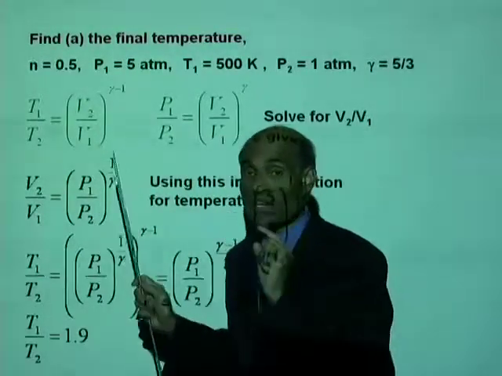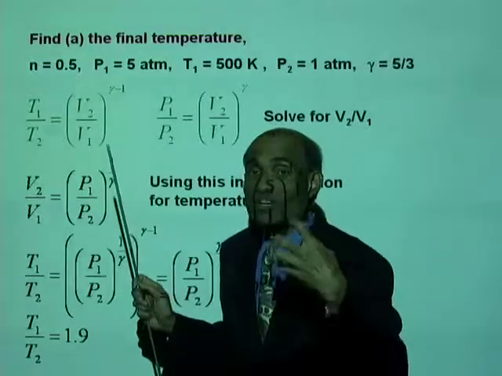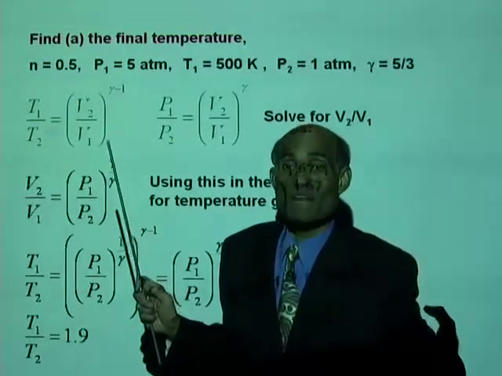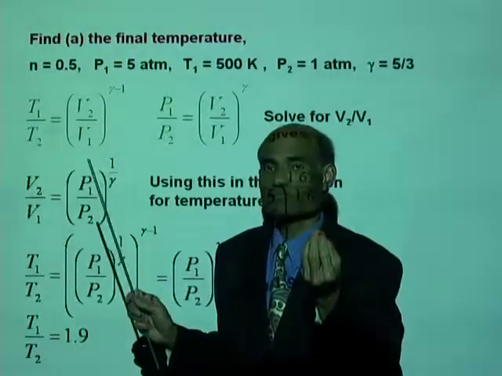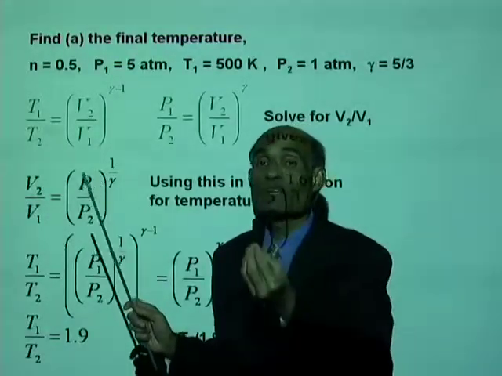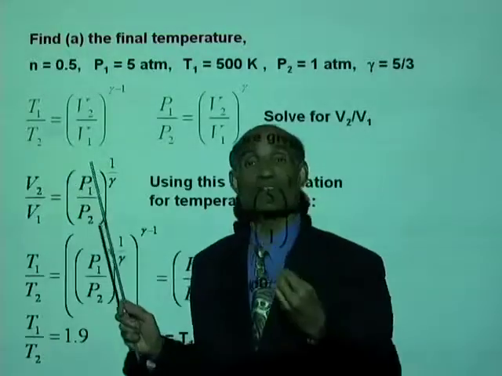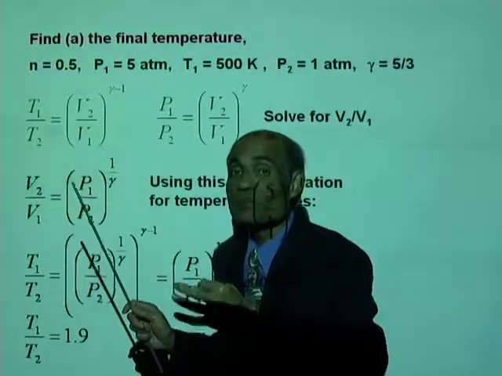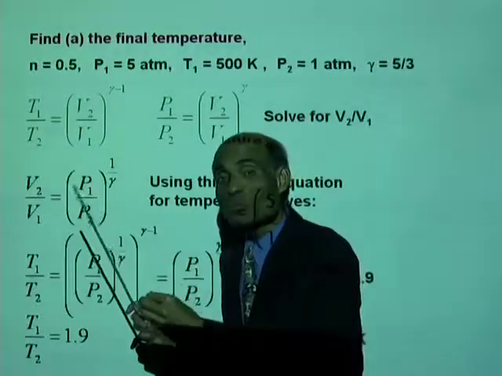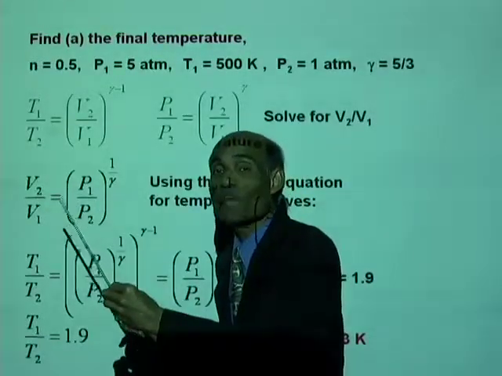Alright, in the second case, we took the second equation for adiabatic process. What is the second equation? PV to the power of gamma is a constant. In other words, P1 V1 to the power of gamma equal to P2 V2 to the power of gamma.